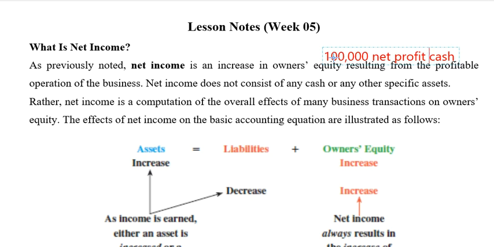It may be a month or a year that you are doing the work, but it doesn't mean 100,000 is a net profit and your cash in the balance sheet is showing this value.